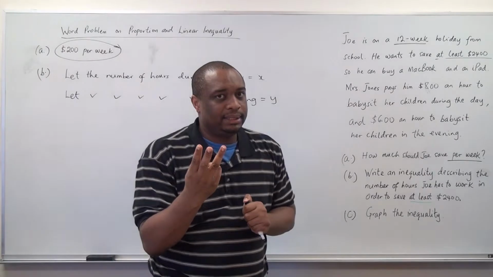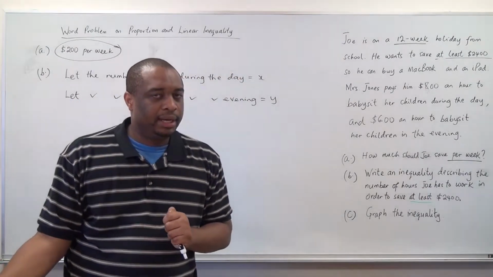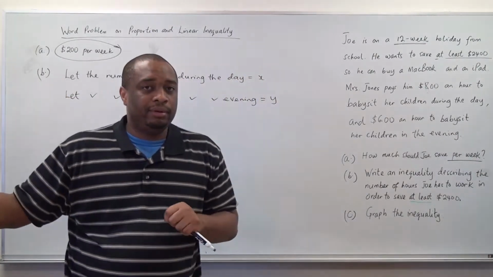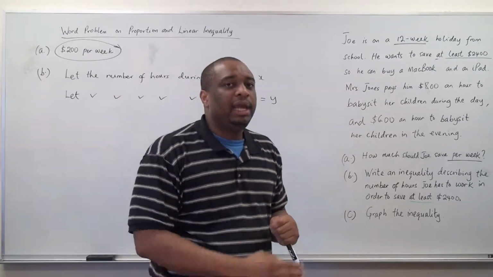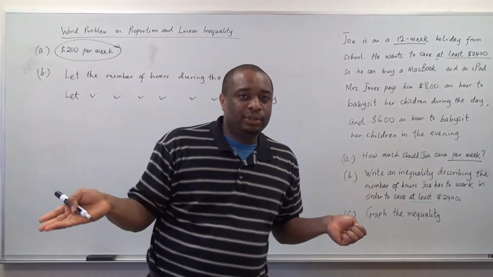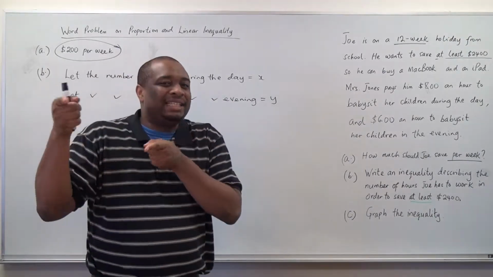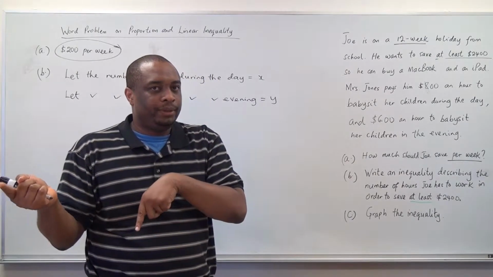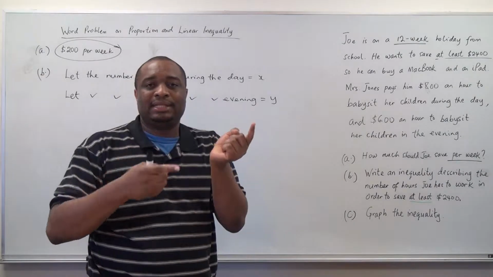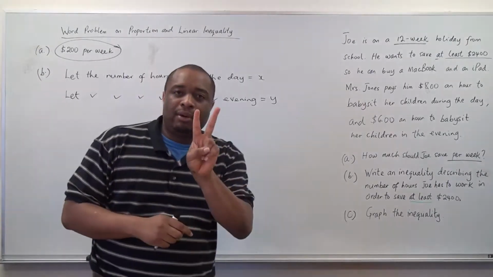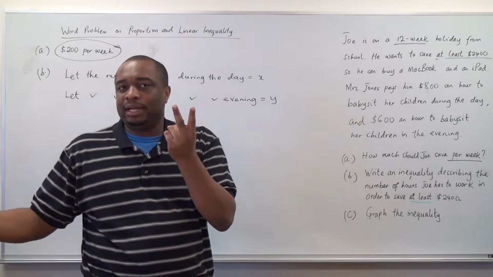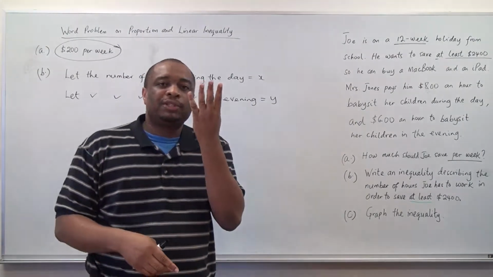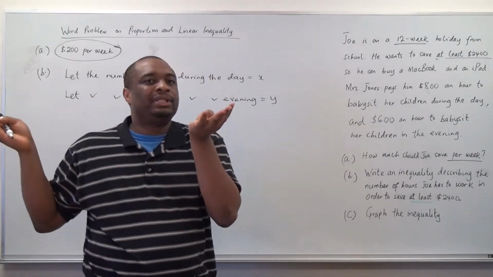If he works for 3 hours, he will earn $8 times 3, which is $24. If he works for 4 hours, he will earn $32, right? Do you understand? 8 times 1 is $8, 8 times 2 is $16, 8 times 3 is $24, 8 times 4 is $32.